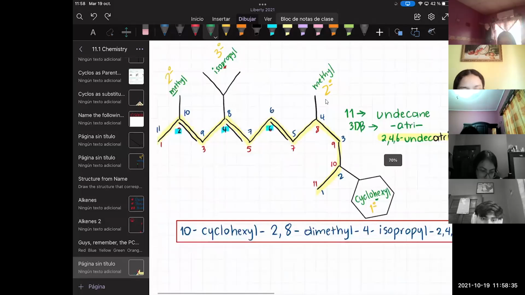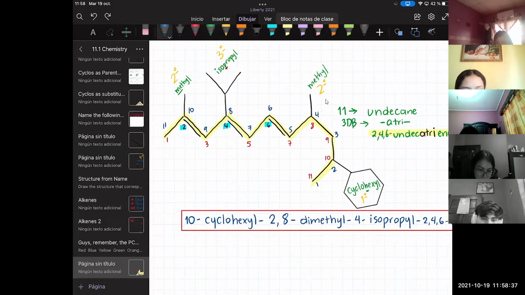The double bonds will be located at bigger numbers, such as 5, 7, 9. So in this case, this combination of numbers is greater than the one that we showed before, so this color is not going to work for us.